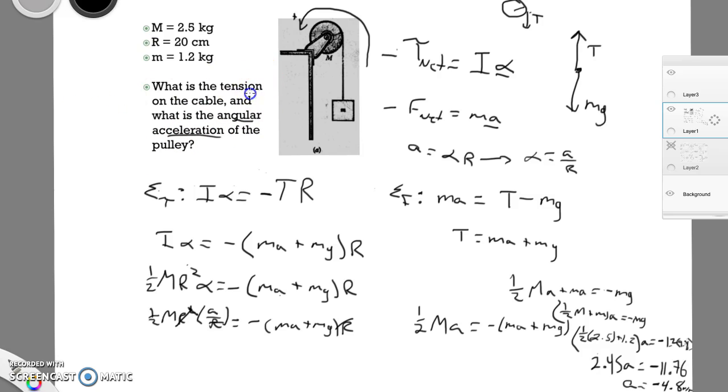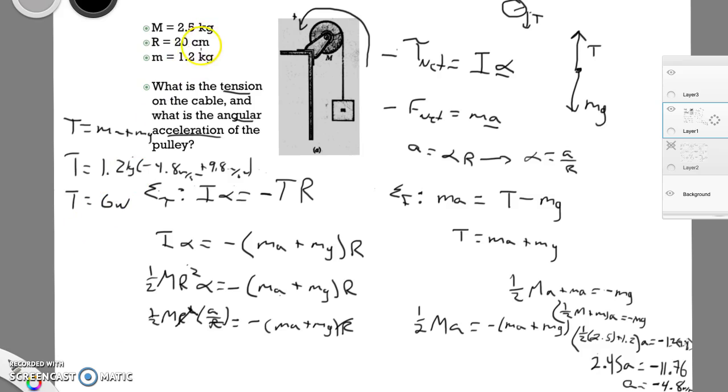We're also looking for tension, so let's do that first. So we go back to this equation, T equals ma plus mg. We'll factor out the m, so T is equal to 1.2 kilograms times (negative 4.8 meters per second squared plus 9.8 meters per second squared), and we'll get 6 newtons there.